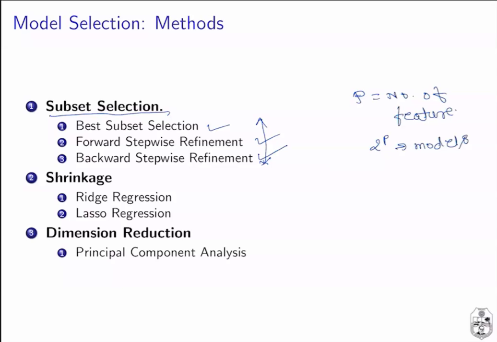Shrinkage is also a kind of model selection method, in which p features are there.